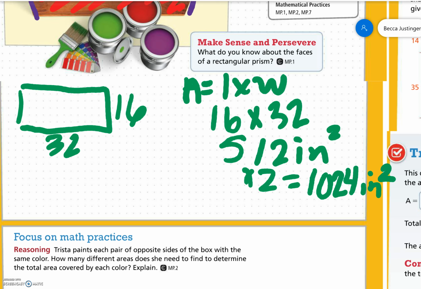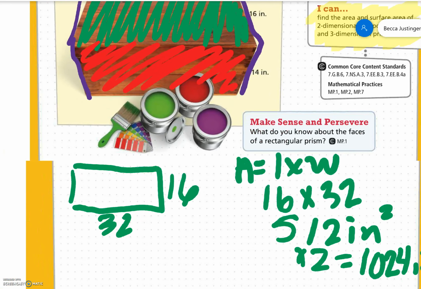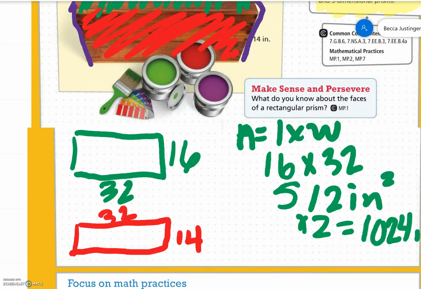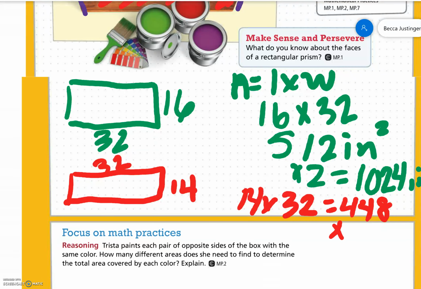Next, we can do the red face. So that was like the front and the back. And that face is still a rectangle, but it's 14 by 32. So same process, 14 times 32. It gives us 448, but there's 2, the front and the back.